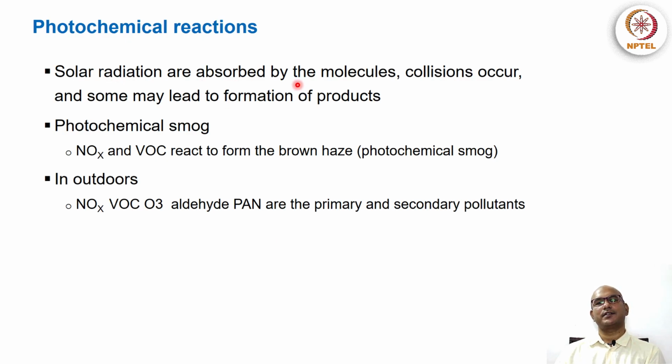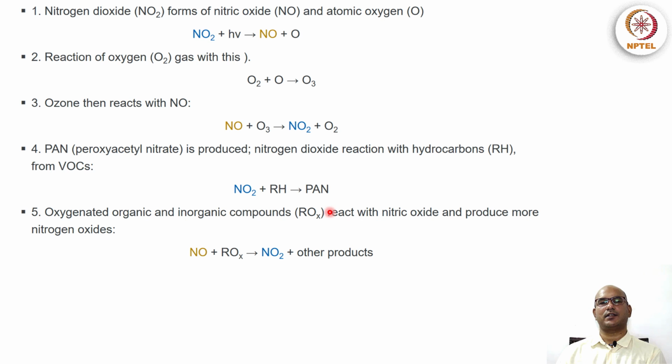So, solar radiation is absorbed by molecules, then collision or rearrangement may occur and lead to the formation of products. An example is photochemical smog, where NOx and VOC react to form our brown haze, and in outdoor air NOx, VOC, O3, aldehydes, and PAN are the primary and secondary pollutants that are influenced by solar radiation.